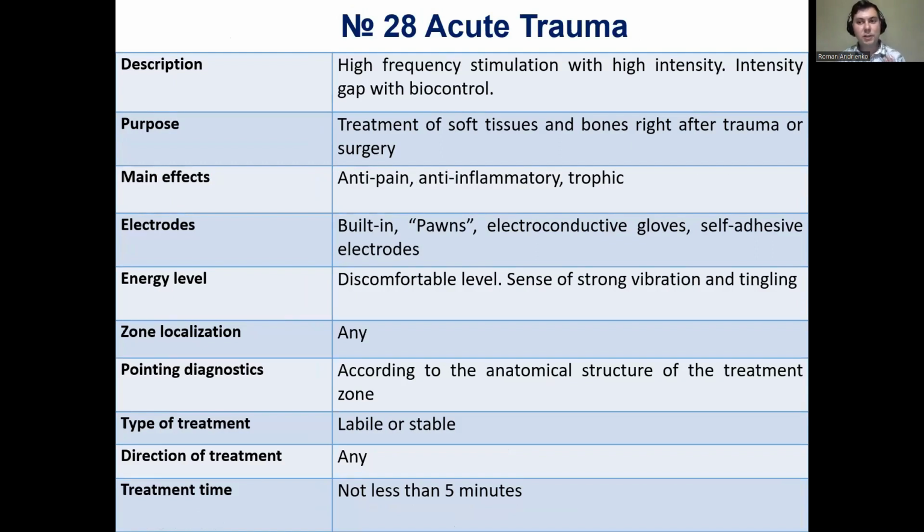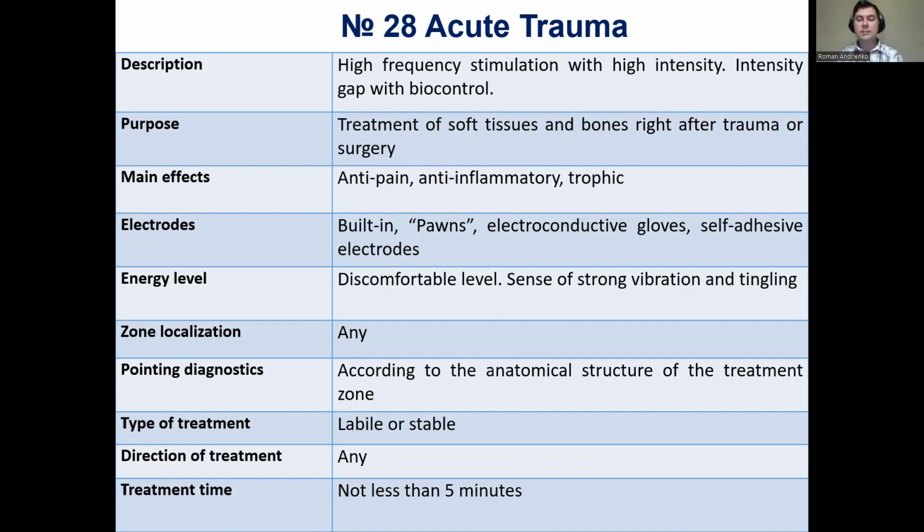Okay. Going aside from myostimulation, back to serious things. Number 28, acute trauma. This preset is designed for the treatment of soft tissues and bones right after trauma or surgery. It has the effect of trophicity, which is very important in this case.